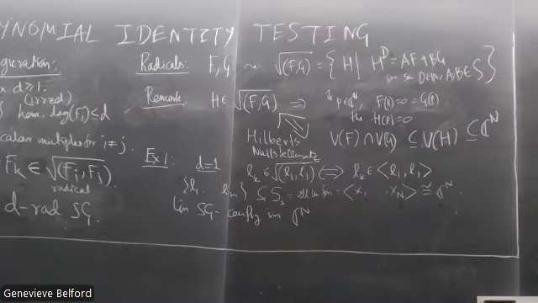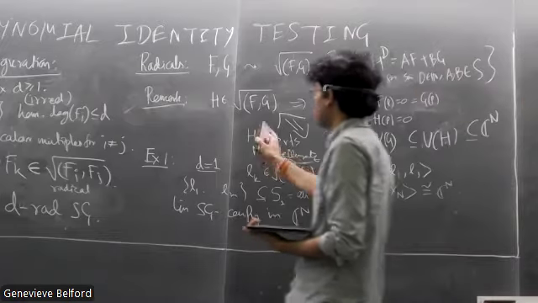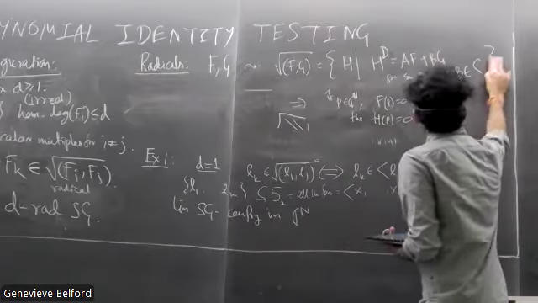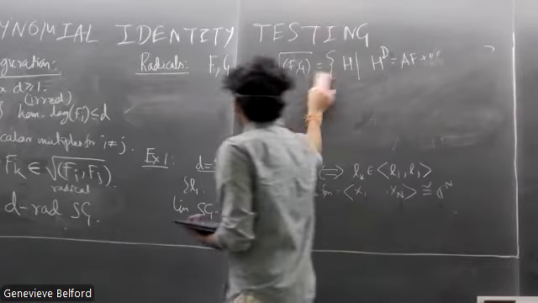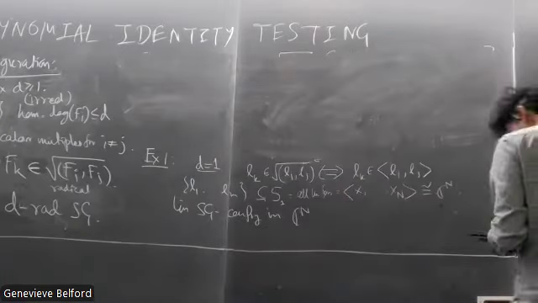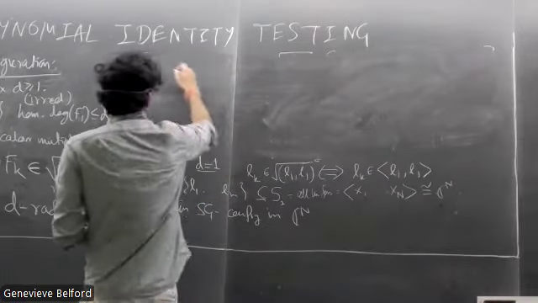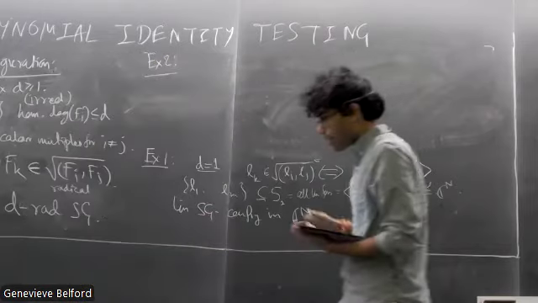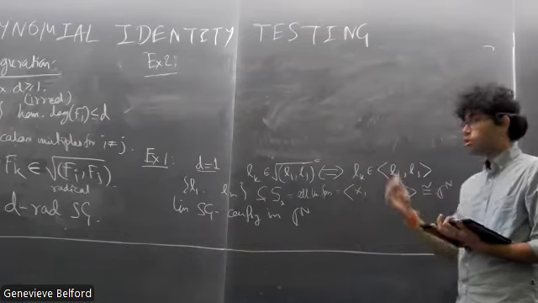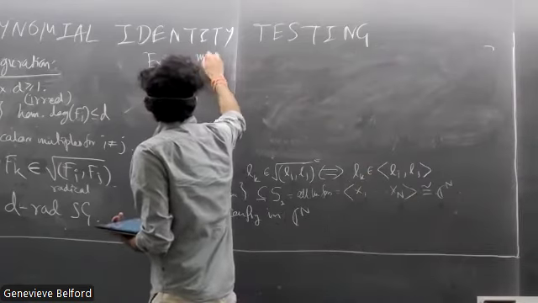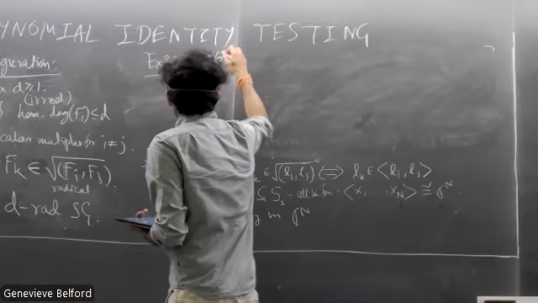Okay, so now let's do an example which is not of degree 1. Example 2. I'm just going to write down a bunch of polynomials, which will form my configuration. Let's fix some number m greater than or equal to 6.